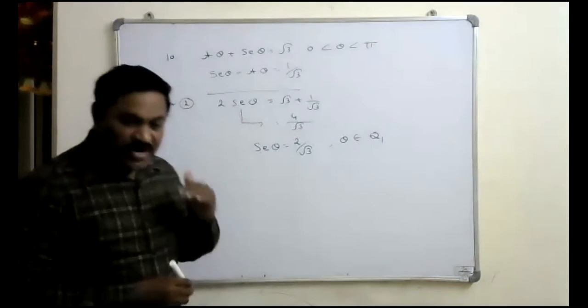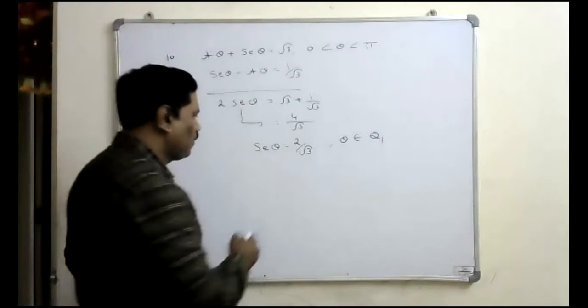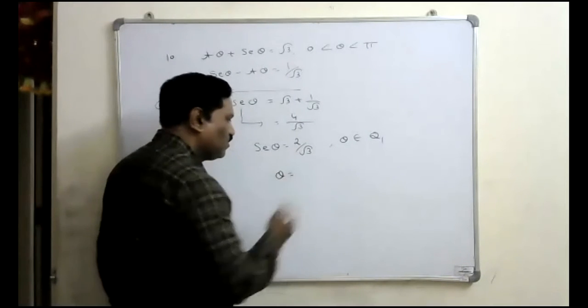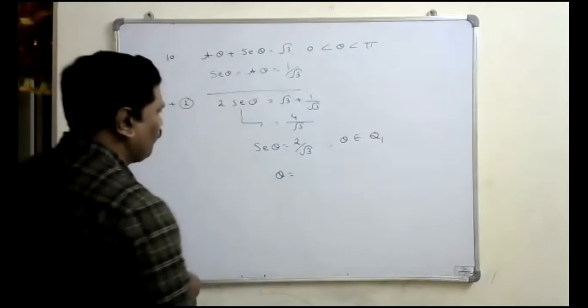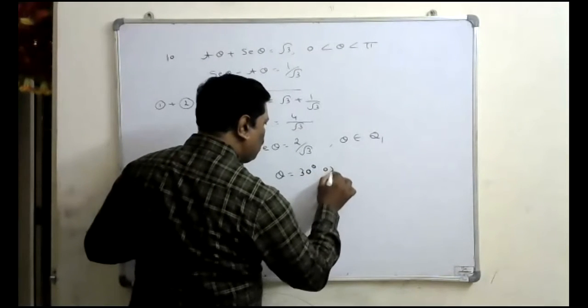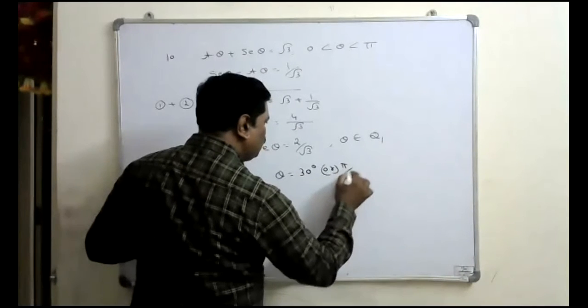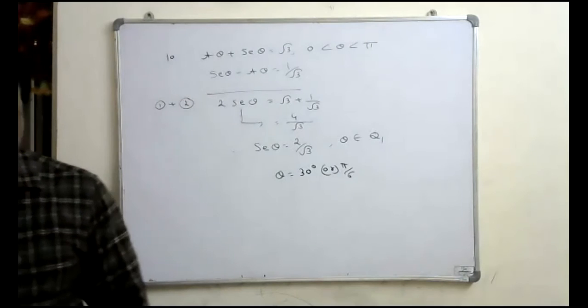Then, for what angle will secant give 2 by root 3? 30 degrees or pi by 6. So that is the value of theta. Theta is equal to pi by 6. Take that.